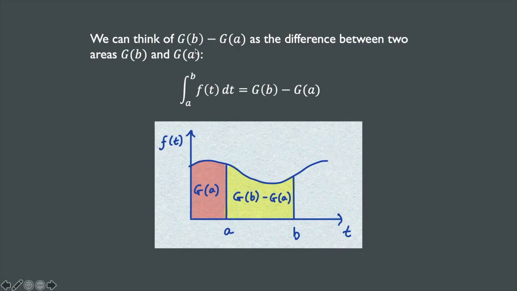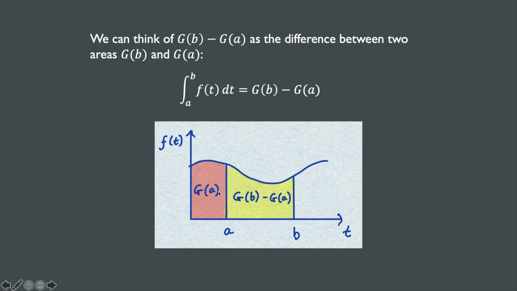We can essentially think of G of b minus G of a as the difference between the two areas G of b and G of a. So if we remember previously, the antiderivative can be thought of as a function for the area under a curve between 2 points. So uppercase G of a is the area function between the 2 points 0 and a.